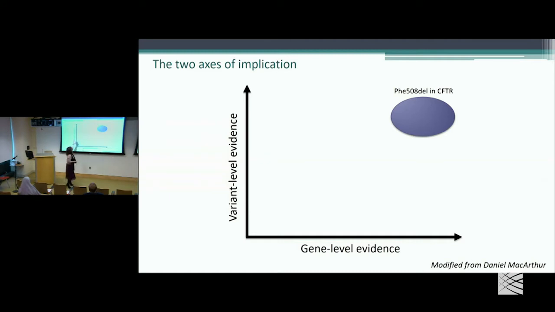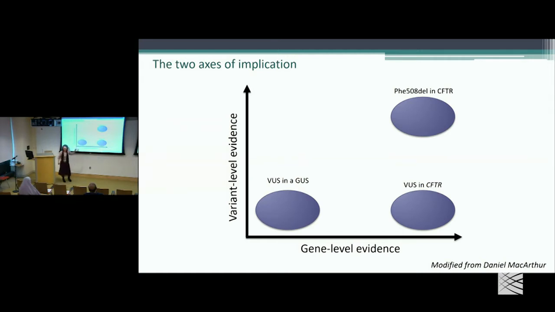So both high-level variant evidence and high-level gene-level evidence. We also find plenty of variants of uncertain significance in genes that we know cause disease, like a VUS in the CFTR gene. This happens in every gene that we know are Mendelian genes. We also have variants we don't understand in genes we don't understand, the VUS in the goose, as some people say. This category, however, cannot exist.